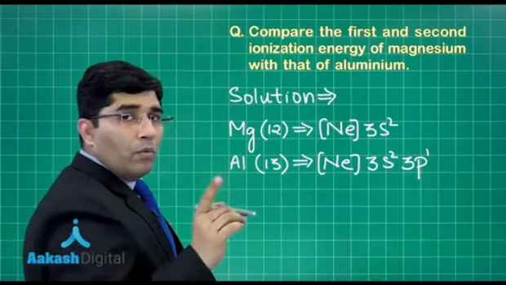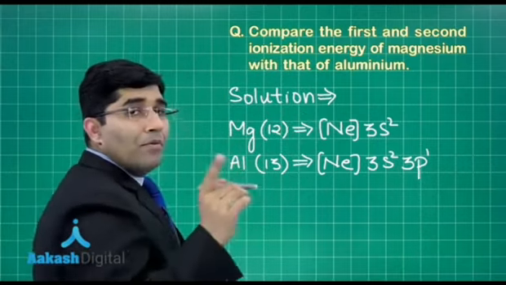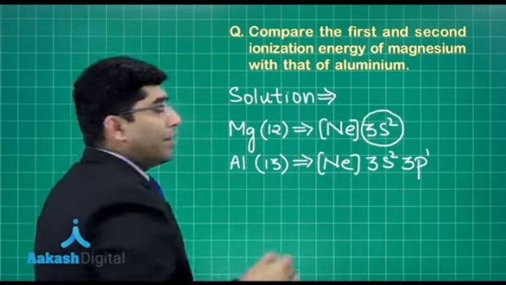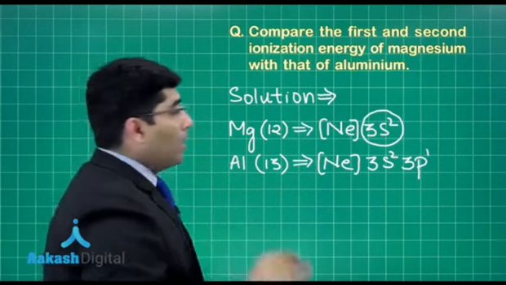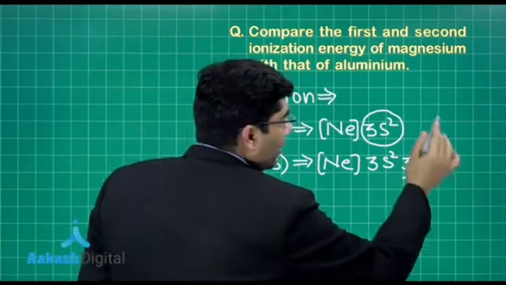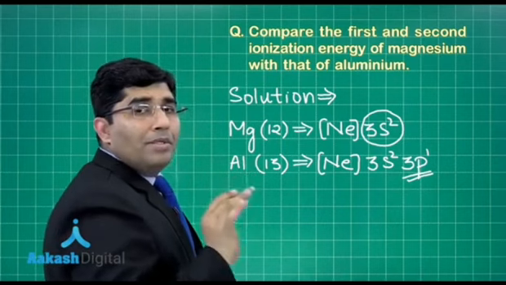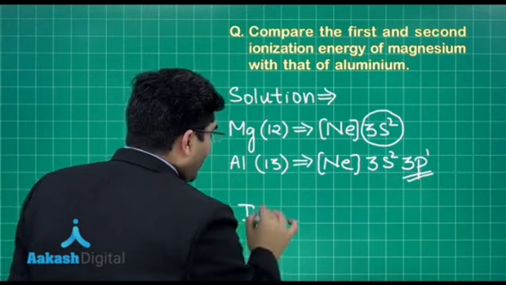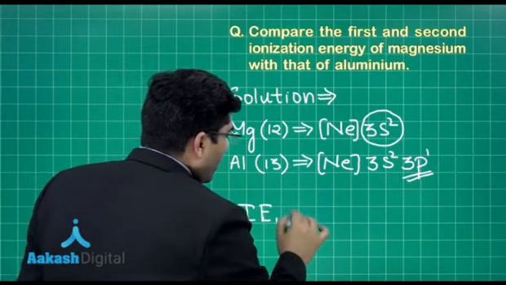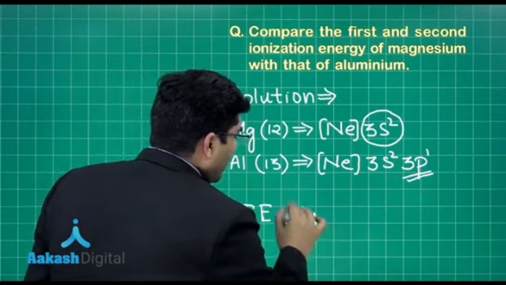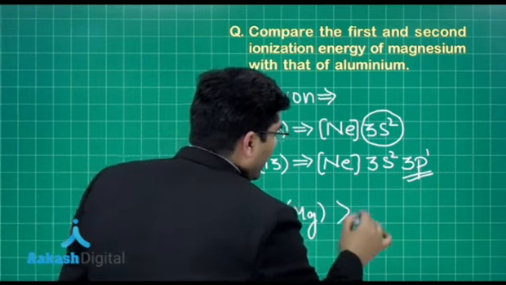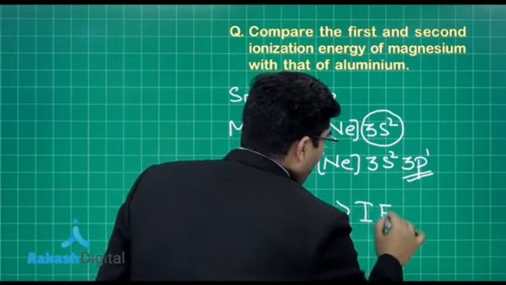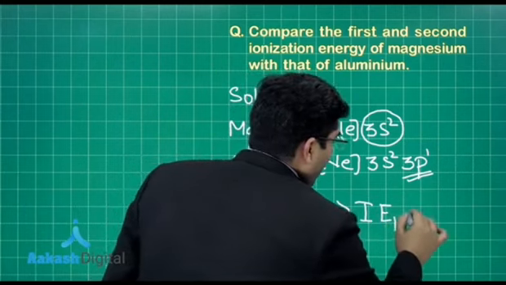Now again that simple fact, magnesium is having a completely filled s subshell and aluminium is having an incomplete p subshell. That's why if we talk about the ionization energy 1 of magnesium, definitely it will be greater than ionization energy 1 of aluminium.